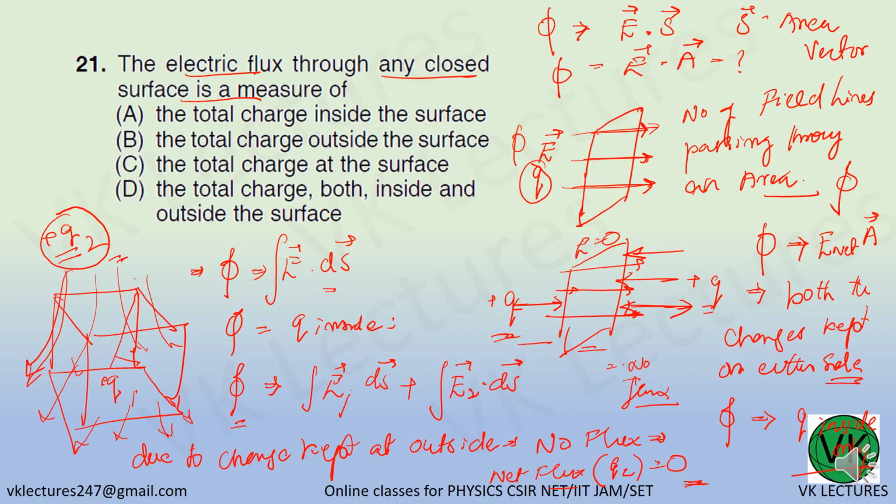That is why phi will be due to only charge inside. So the flux is due to total charge inside the surface. Your option A is correct.